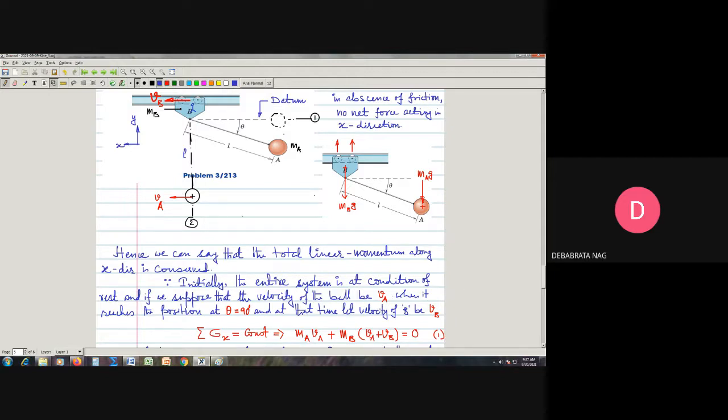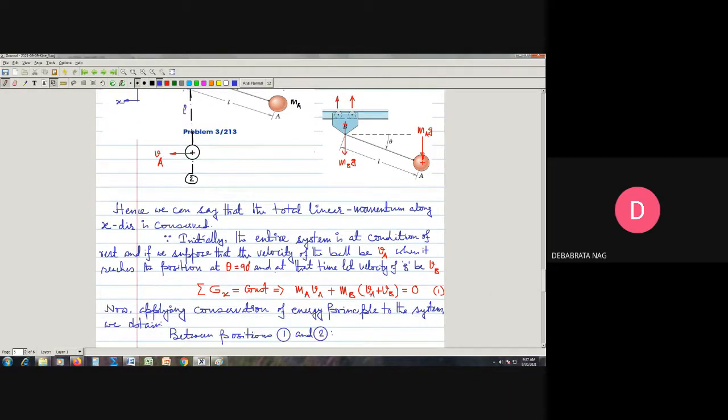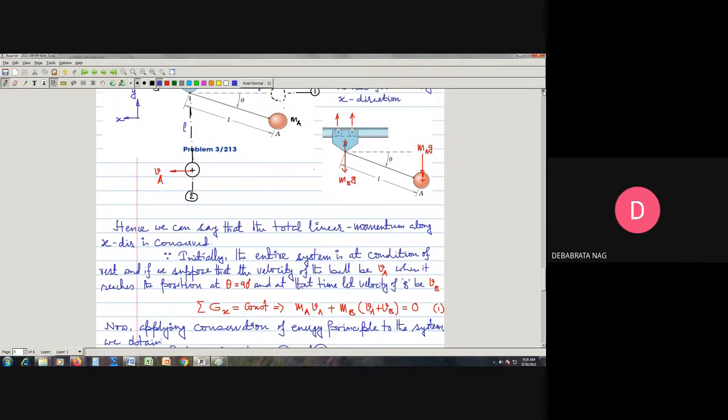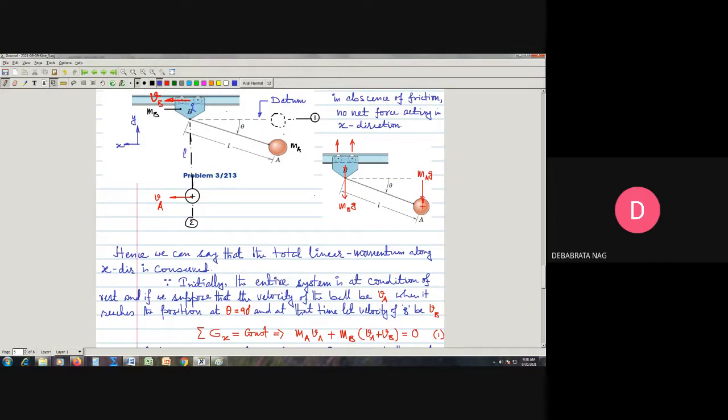So by taking the absolute velocities, we can say that summation Gx is going to be constant. So we can say the total momentum initially of the system was 0, because everything was at rest when I release this system from the position 1.